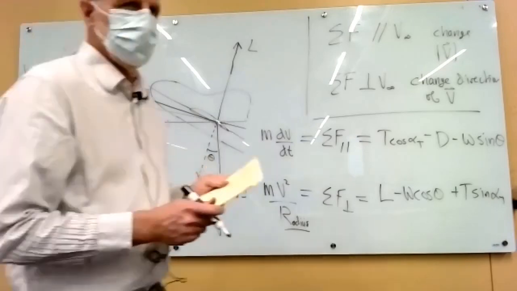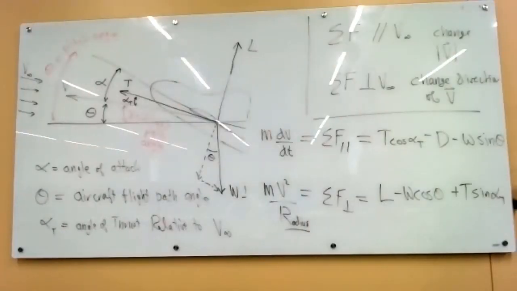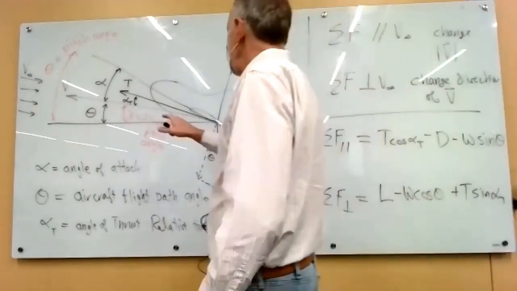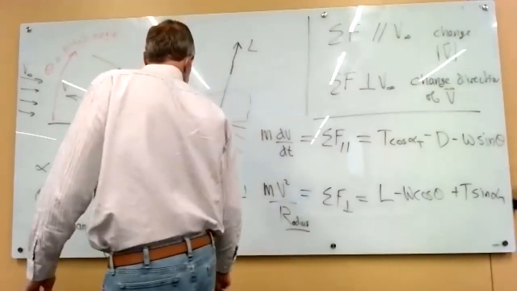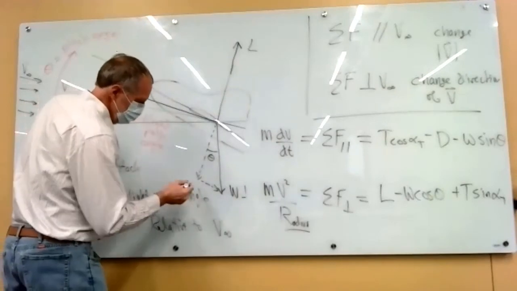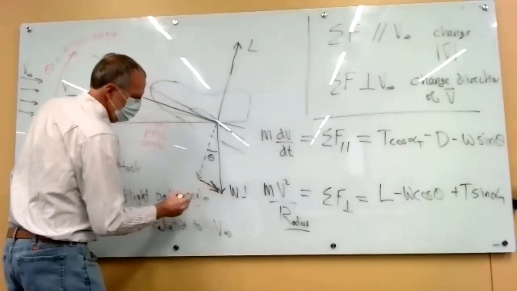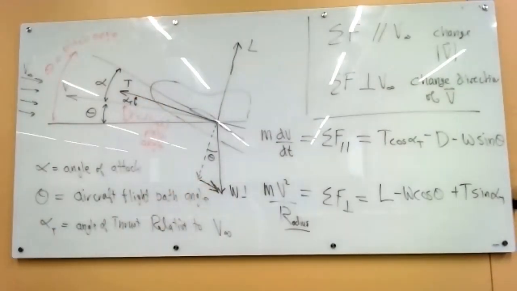So before we leave, notice that if you look at just the picture, forget the equations, I've drawn this as climbing at an angle theta, right? So a component of the weight actually opposes the thrust.